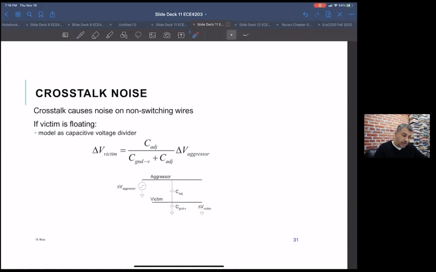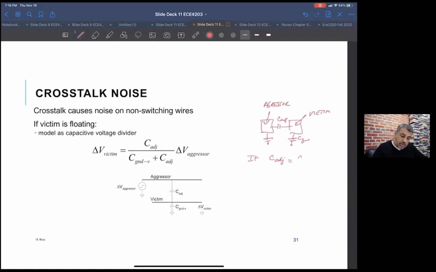So if C adjacent, so again, that's the capacitance between two lines. Let's say this is the aggressor. That's the line that's changing, and this is your victim. And there's this C adjacent, and this is C ground.